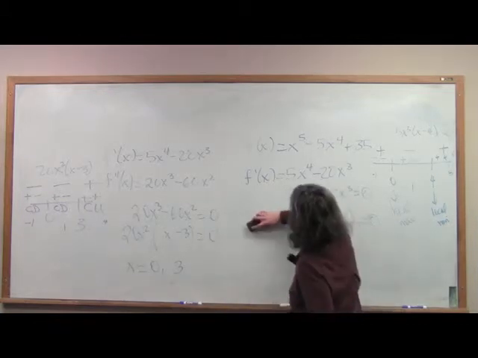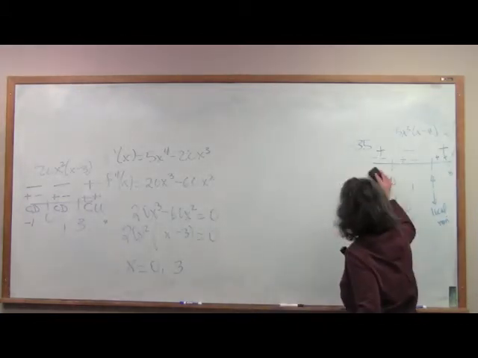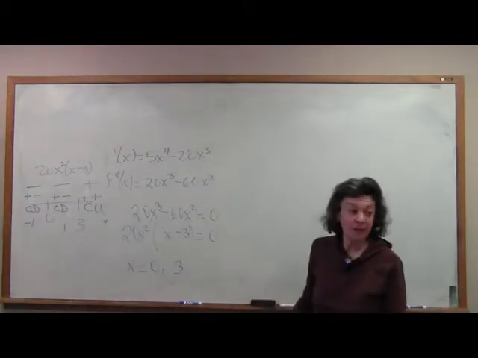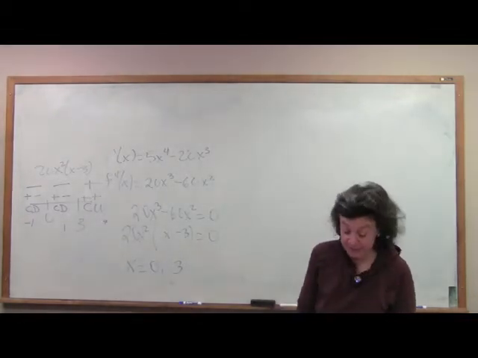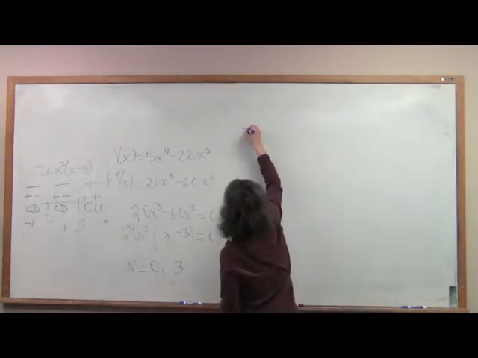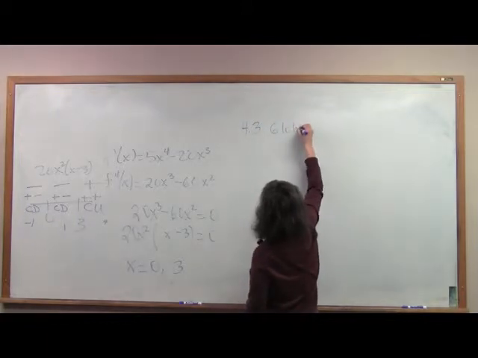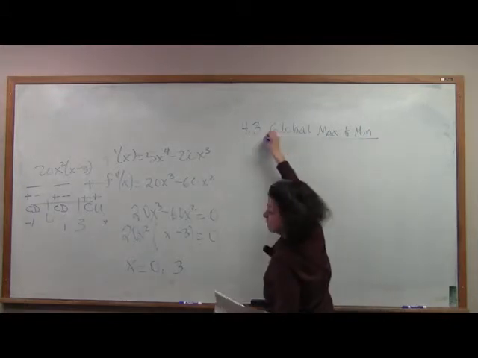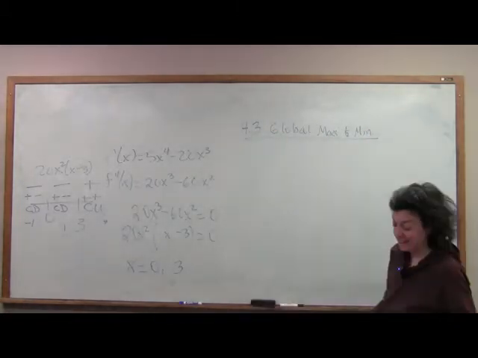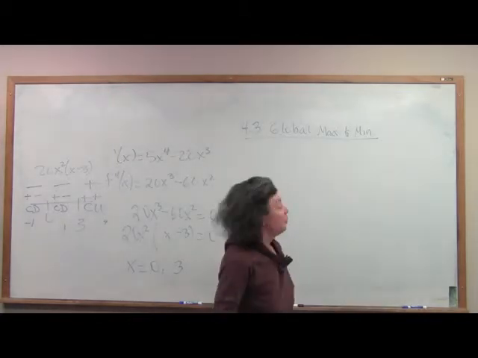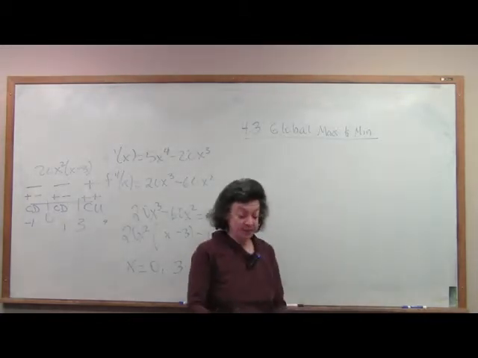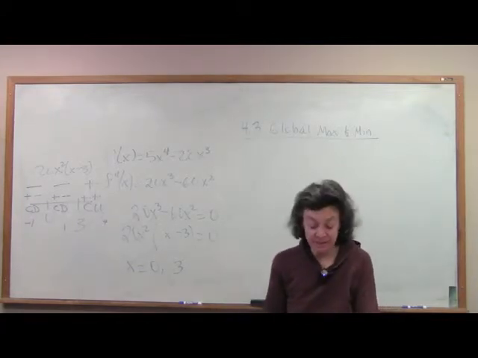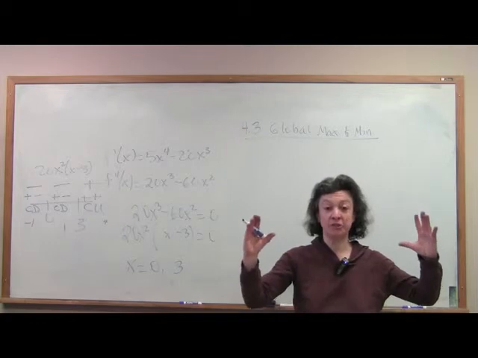Now what I would like to do is talk about not only local max and mins, but global max and mins. All right, so what I want to say is that the local max and min gives the largest if it's max, smallest if it's minimum in some interval.